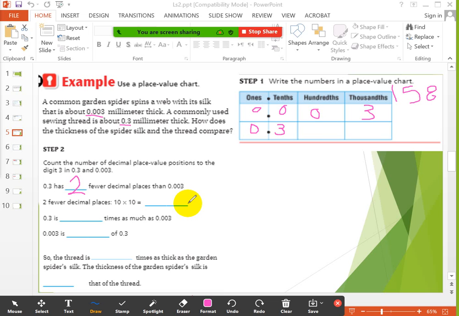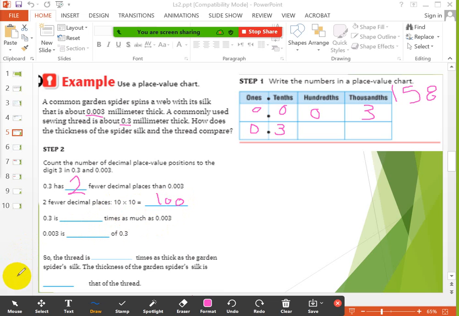Okay, girls? Now, 2 fewer decimal places in this number. So 10 multiplied by 10 equals what? 10 multiplied by 10, thank you, girls, equals 100, because I have to put 2 zeros next to the answer.